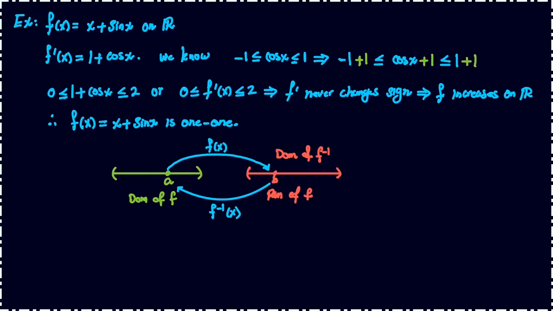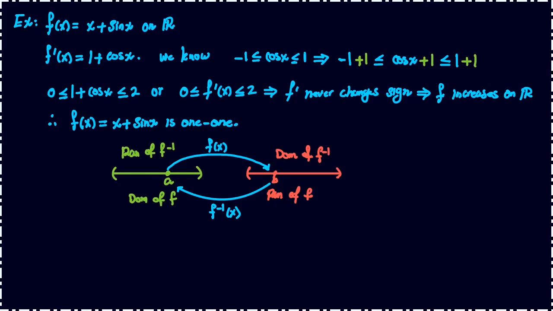So the green set is also the range of f inverse. As you might remember, the domain of f is the same as the range of f inverse, and the domain of f inverse is the same as the range of f.